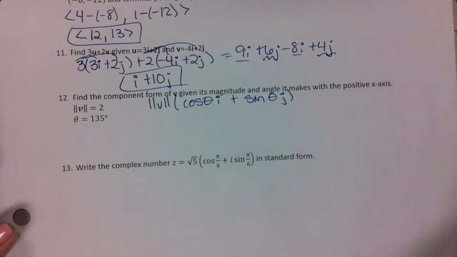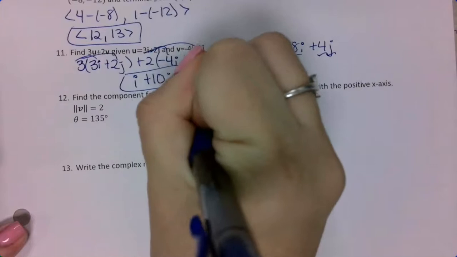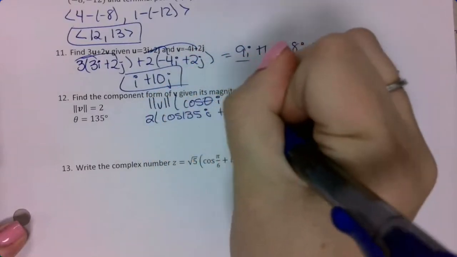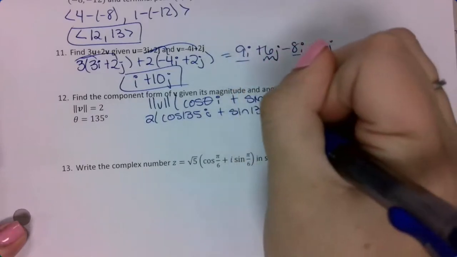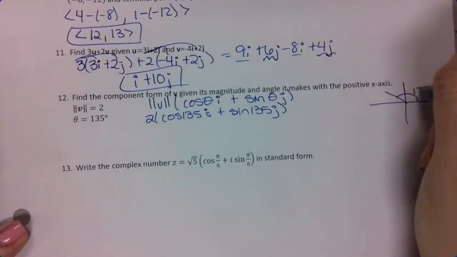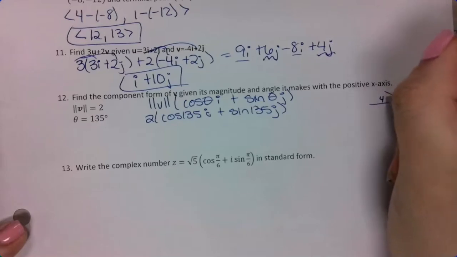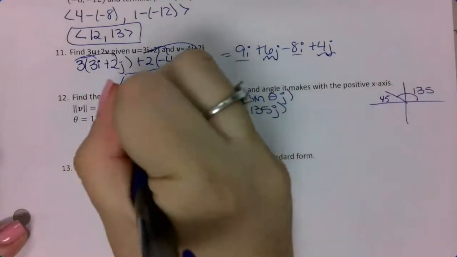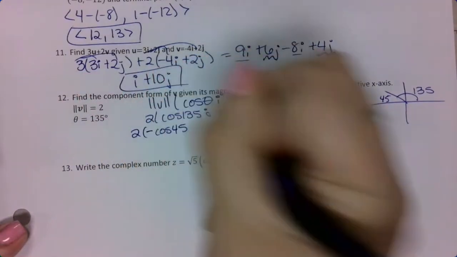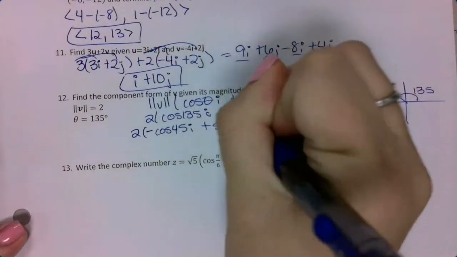Then I just want to go ahead and plug in. So I'm going to have 2 times cosine of 135 times i plus sine of 135 times j. If I think of where 135 is right here, it's in the second quadrant. So my reference angle is 45 degrees, and cosine in the second quadrant is negative. So I'm going to write negative cosine 45 times i, and then plus sine 45 times j.